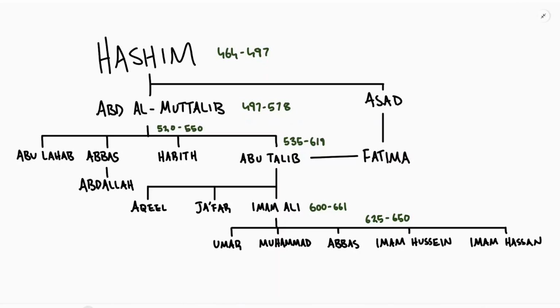Abbas's lineage carried through his one son Abdullah, and the others have multiple different lines descending from them. Abu Talib alayhi salam had three sons continuing his progeny: Aqil, Jafar, and Imam Ali alayhi salam. And Imam Ali alayhi salam had five sons continuing his progeny: Imam Hasan, Imam Hussein, Abbas, Muhammad, and Umar al-Atraf. And that's Muhammad al-Hanafiya.